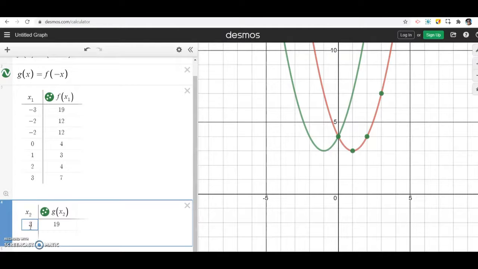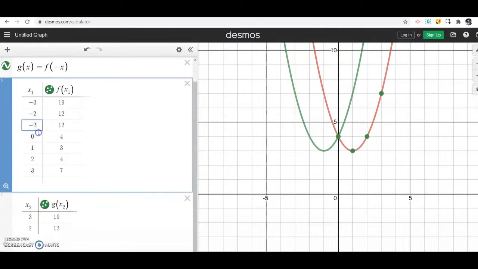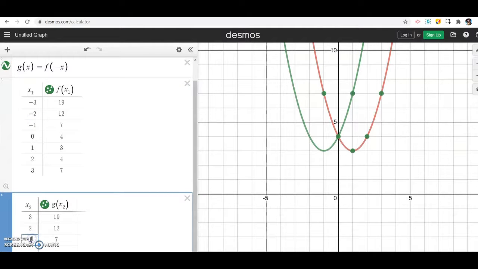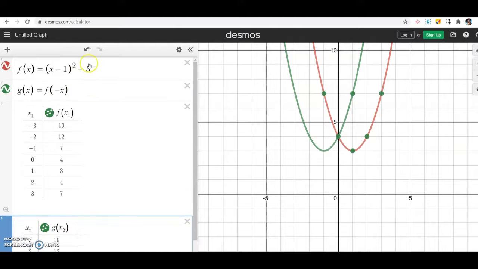So take a look. -3 used to give you 19, now it's +3 that gives you 19. That might be easier to see. -2 used to give you 12, +2 now gives you 12. -1 used to give you 7, +1 now gives you 7. So it's changed everything. And again, it's a little bit tricky. The more you play around with it, and the sooner you have figured out that it's a y-axis reflection, it gets a little bit easier.